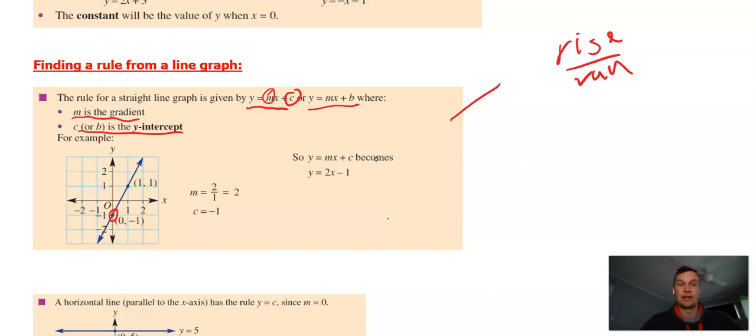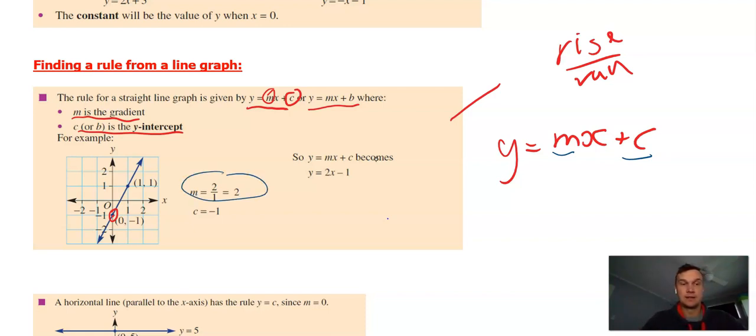To calculate the rule, we'd use this one as our example. We write our rule, y equals mx plus c, and we're going to find these two pieces of information to put in. Firstly, we find m, and remember m is our gradient. Here the rise is 2 and the run is 1, so we have 2 over 1, which equals 2.